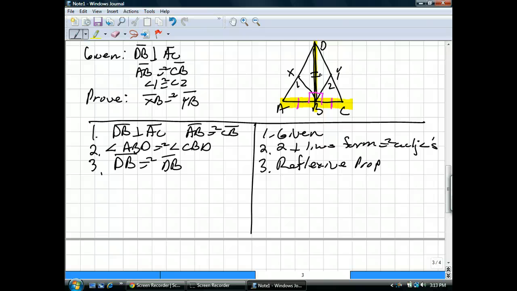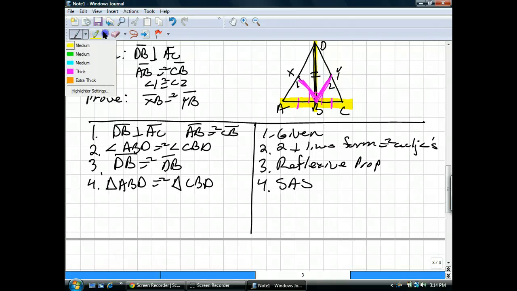Because notice that XB, which is this, and YB, which is what we want to prove, they are part of the two small triangles in the picture. Okay? So at this point, we have enough to say that triangle ABD is congruent to triangle CBD by side angle side. Okay? Alright, so now we've proved those congruent.